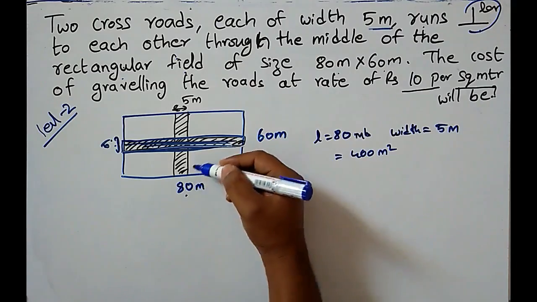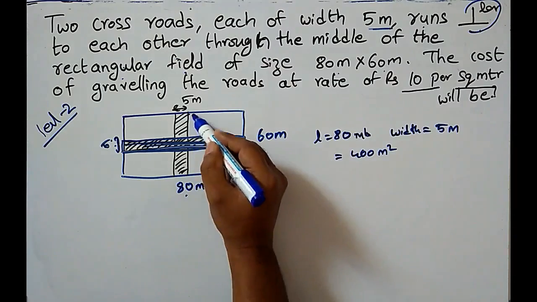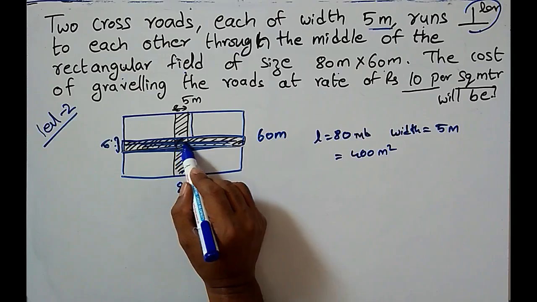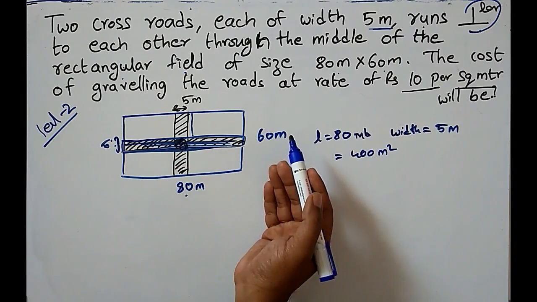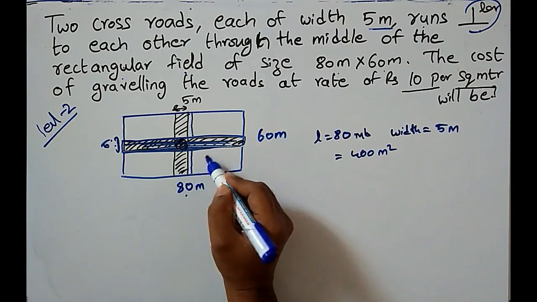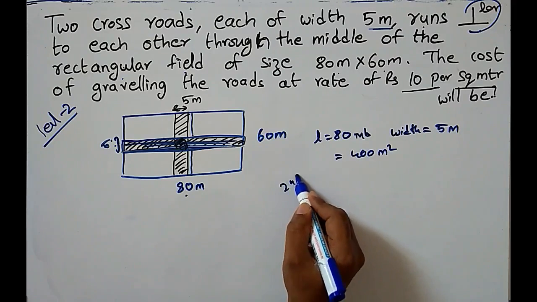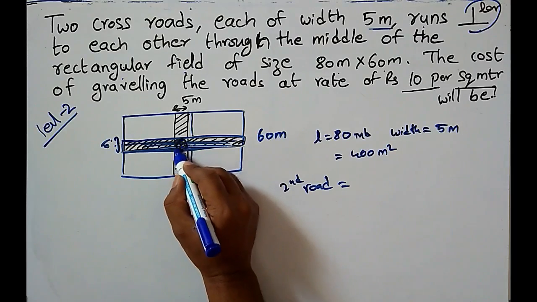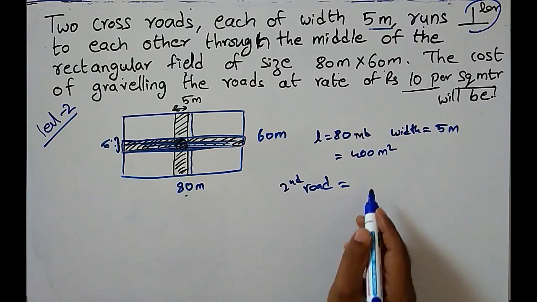Okay friends, for the second road, here the length is not 60 meters, because already you have laid the road here. So for this 5 meters, you need not lay the road, it's already laid. So in this 60 meters, we will minus these 5 meters, which coincides with the first road.